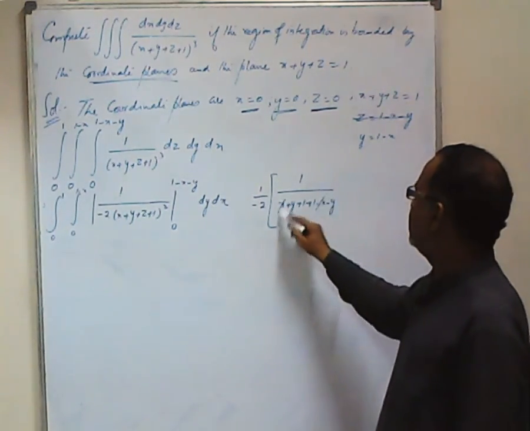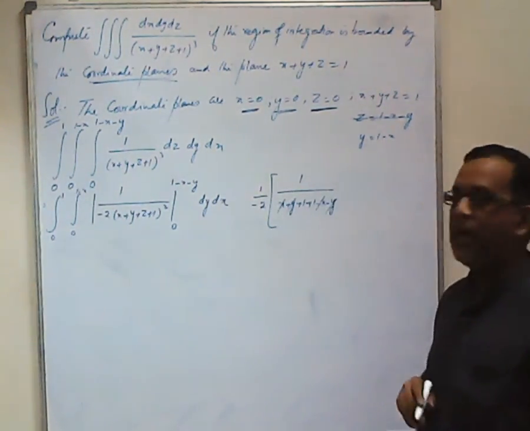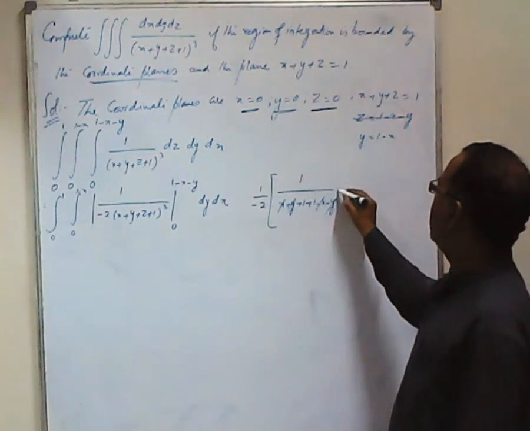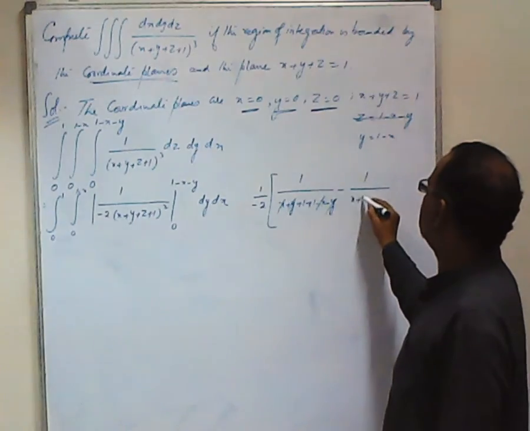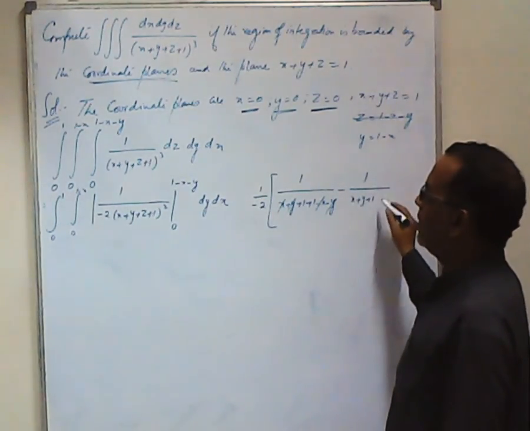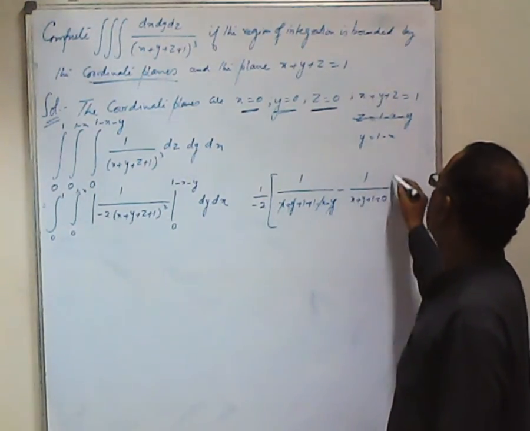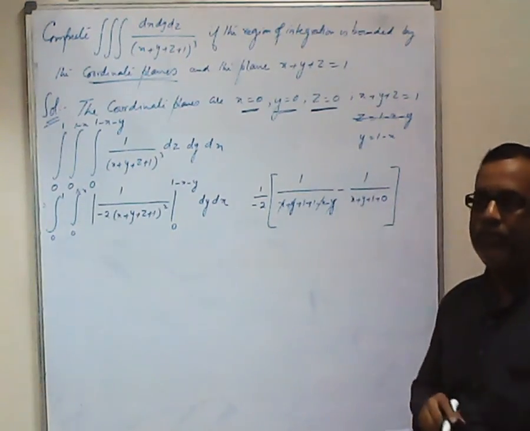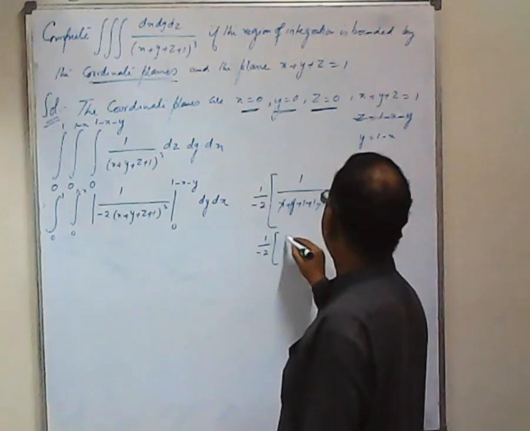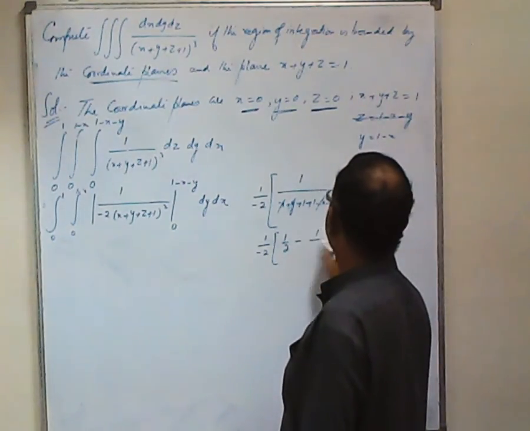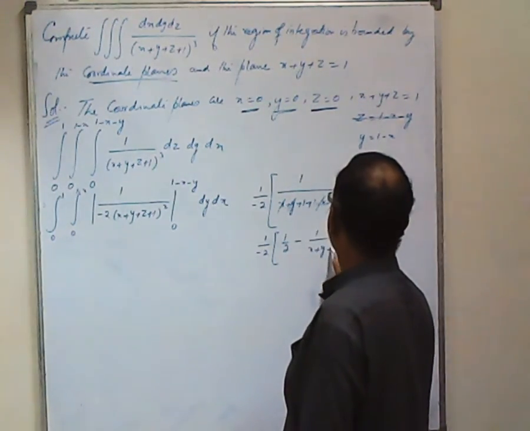So x cancels with x, y cancels with y. So this is the upper limit minus the lower limit. So x plus y plus 1, and now z is 0. So what is left is 1 upon minus 2 and then 1 upon 2 minus 1 upon x plus y plus 1.